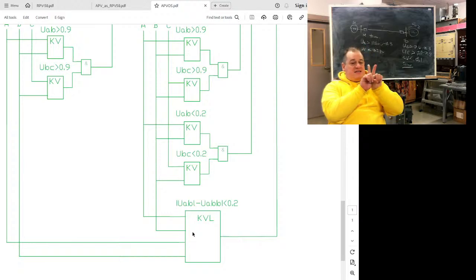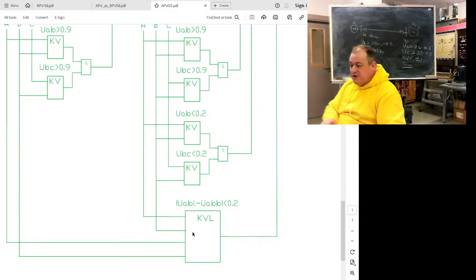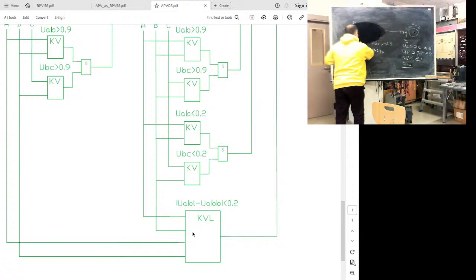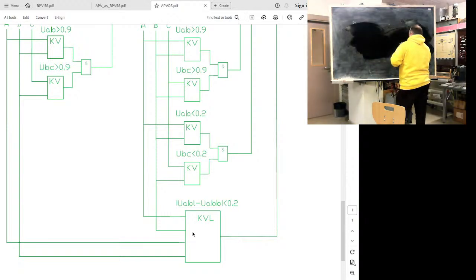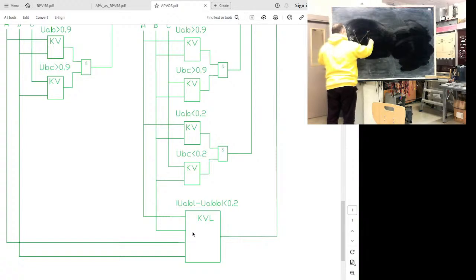It calculates the absolute value of the difference. If you, for example, have this, let's say U1, and this is U2.